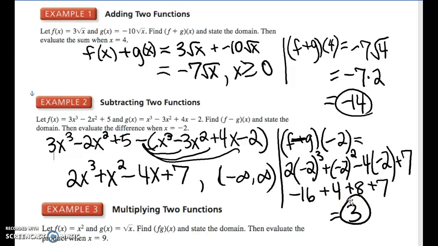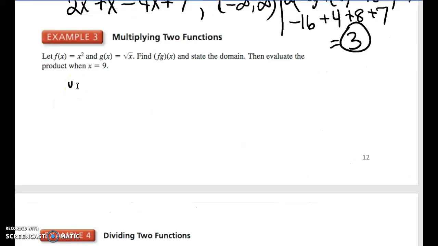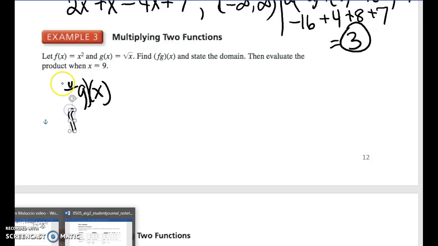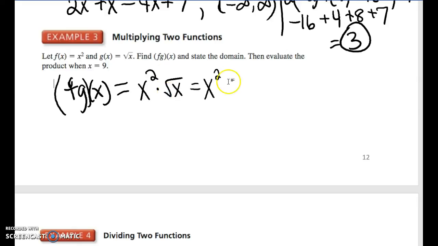And now we're going to move on to example 3, multiplying two functions. So we want to have f times g of x, and that's going to equal x squared times the square root of x, which is the same thing as x squared times x to the 1/2.